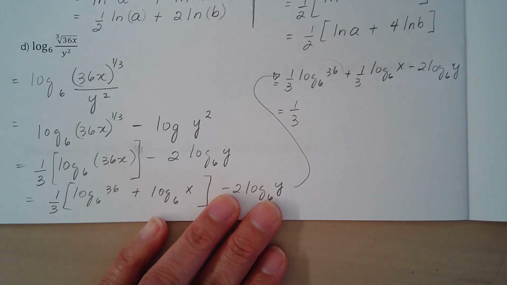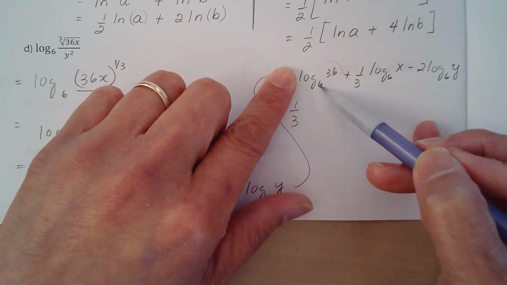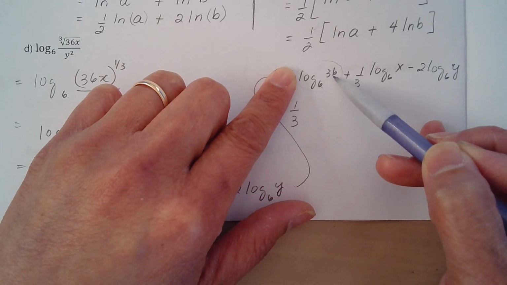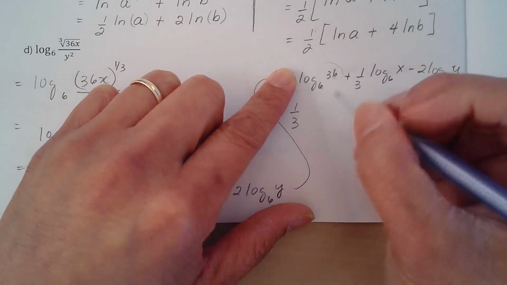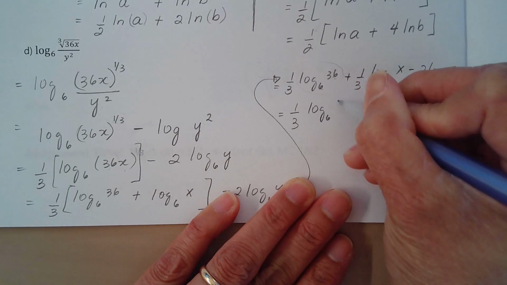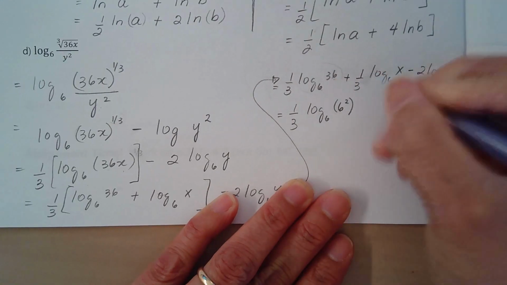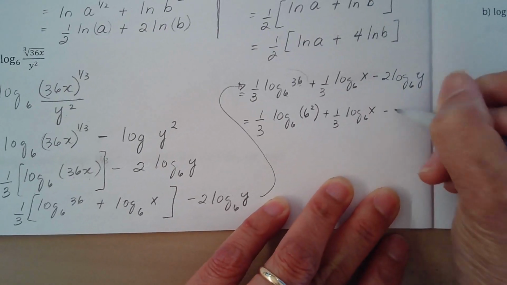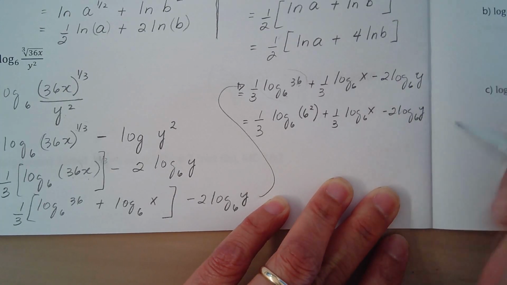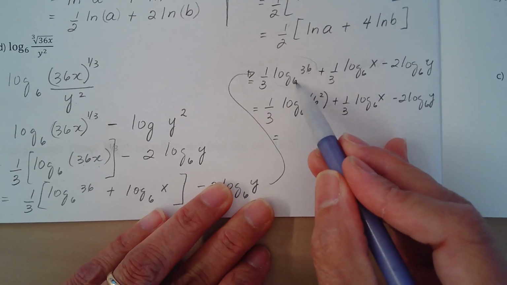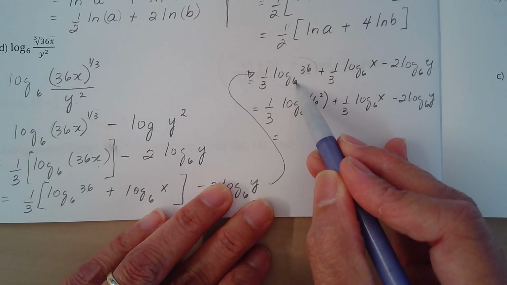Log of 36 base 6, what would that be? What exponent do I have to apply to 6 to get 36? 2, right? I'm going to write that down. Log base 6 of 6 squared, yes? Plus 1/3 log of x base 6 minus 2 log y base 6. So I need exponent 2 for 6 to make 36.